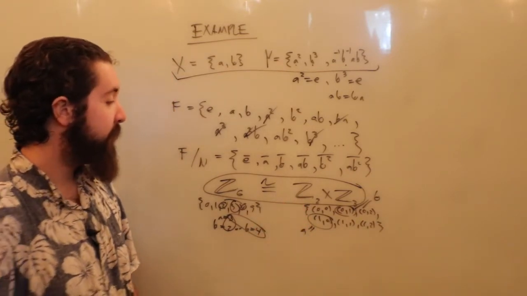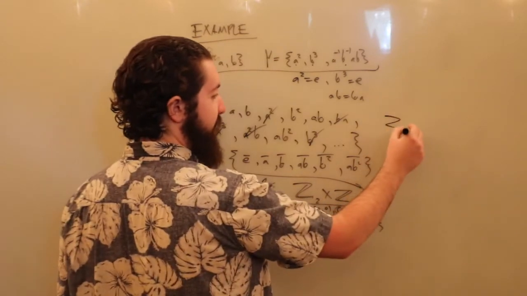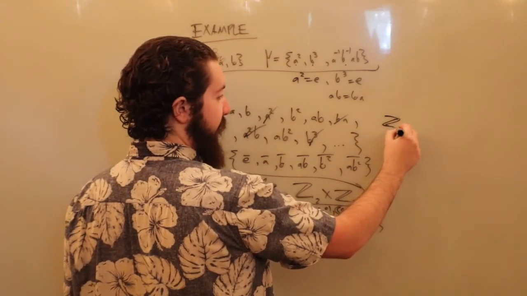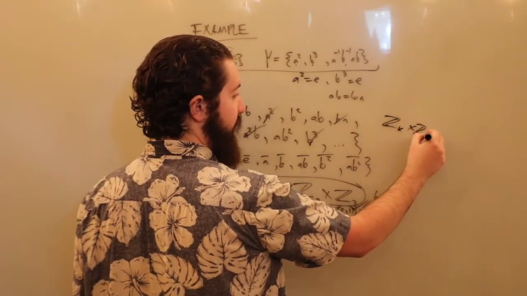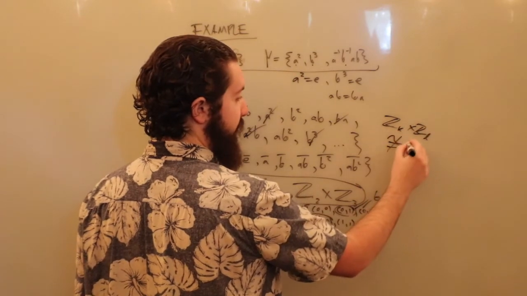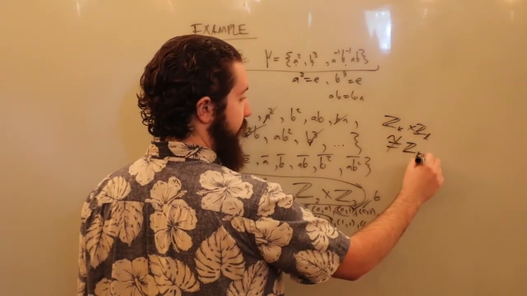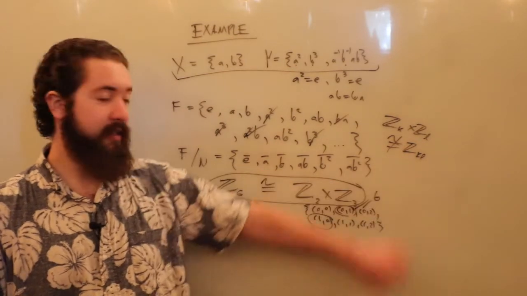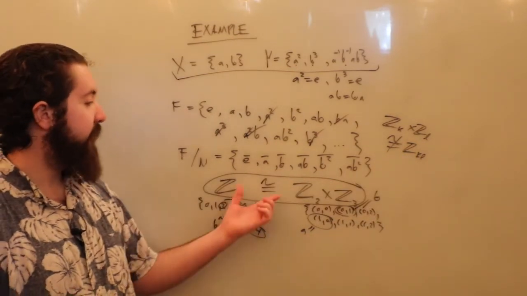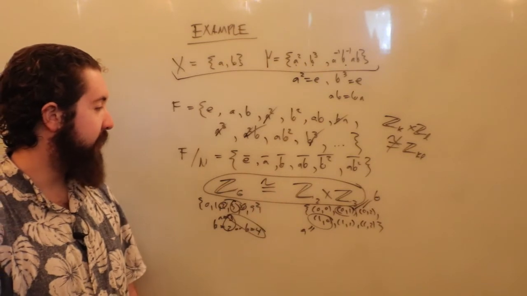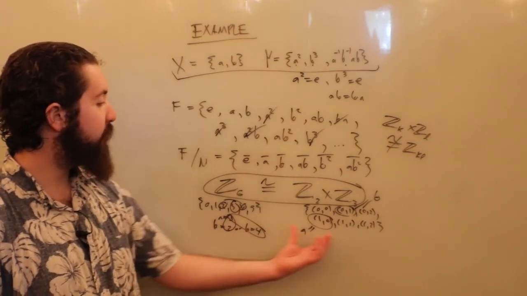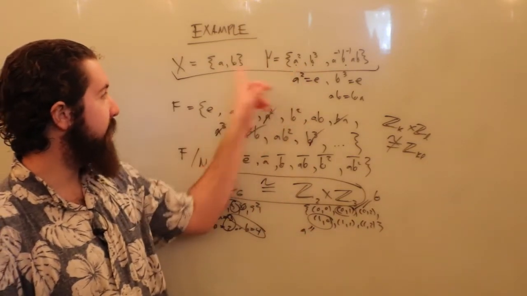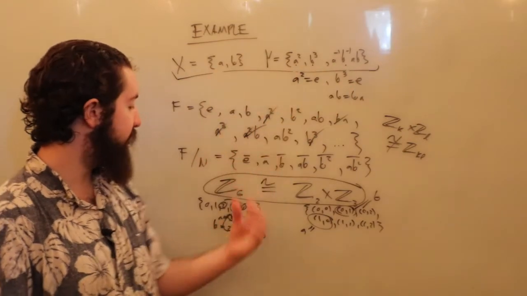In general, if you have, say, Zk cross Zl, it is not isomorphic to Z sub kl. That is hardly ever true. This is just a special coincidence. But you notice how both were characterized by these generators and these relations.